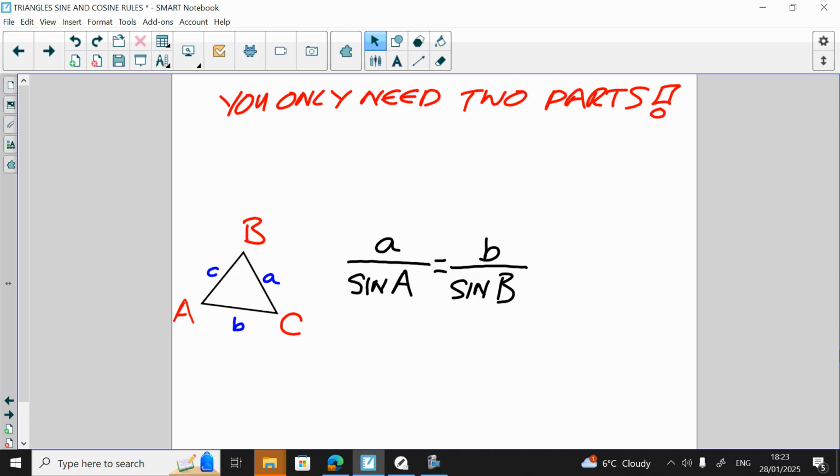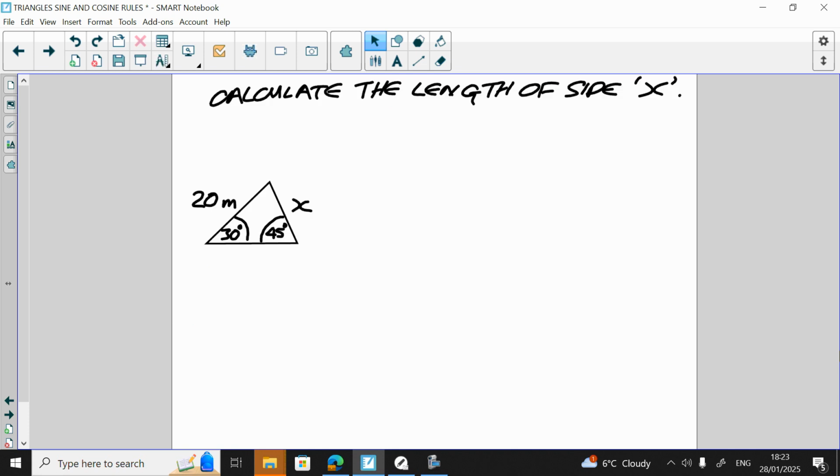Just remember, small a, big A, small b, big B, these are only labels. Okay, let's go for it. Since I've started this off referring to this as a sine rule, that's what we're going to be using.